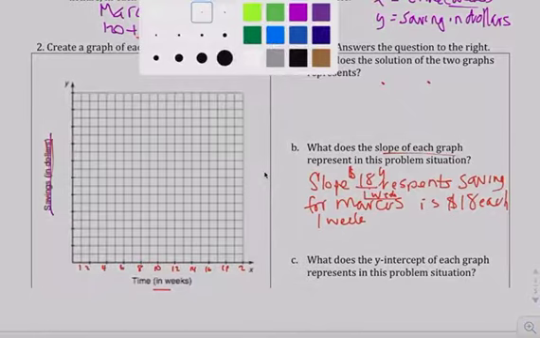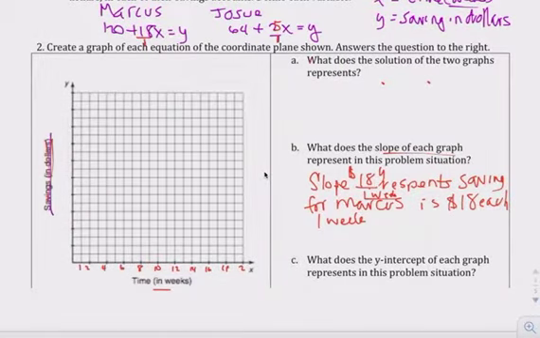The y's here are the hard part because we got the y-intercept.